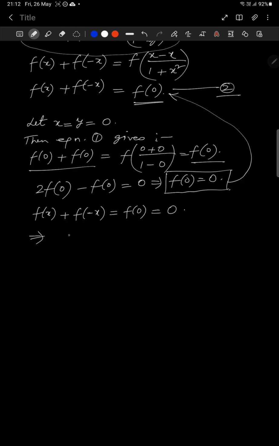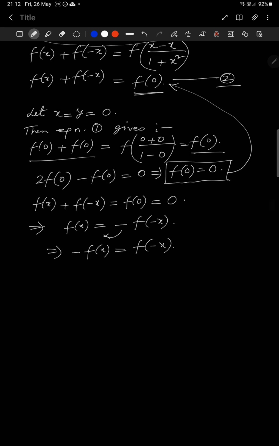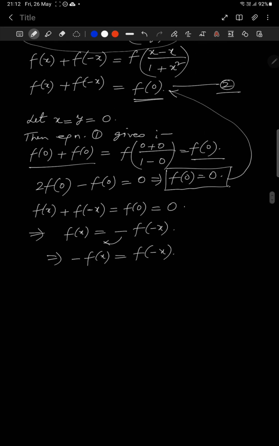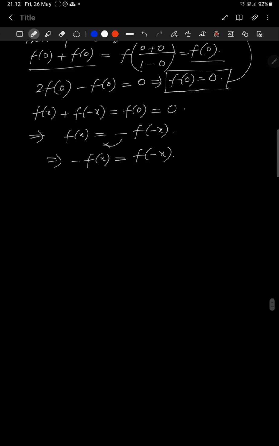So finally what we are getting, f(x) = -f(-x). If we bring this minus to the other side, we get -f(x) = f(-x). Let it be equation number 3.